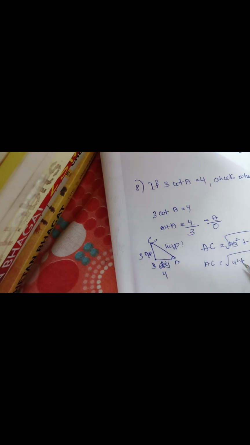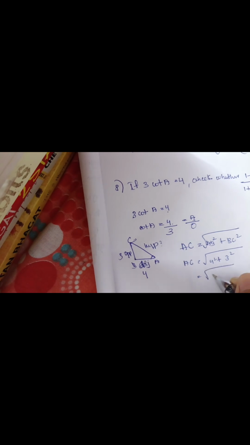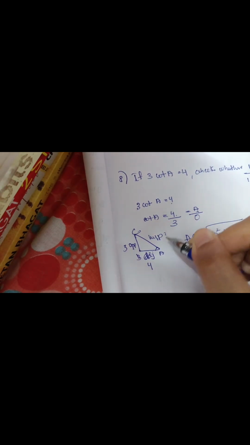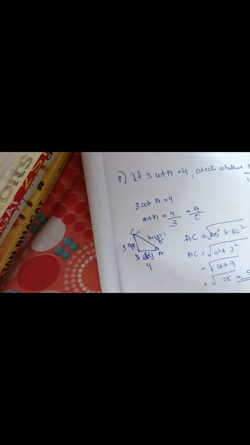AC equals root of AB square plus BC square. So AC equals root of 4 square plus 3 square. 4 square is 16 and 3 square is 9. Now 16 plus 9 equals 25 and root 25 is equal to 5. So we have found that the value of hypotenuse is 5.